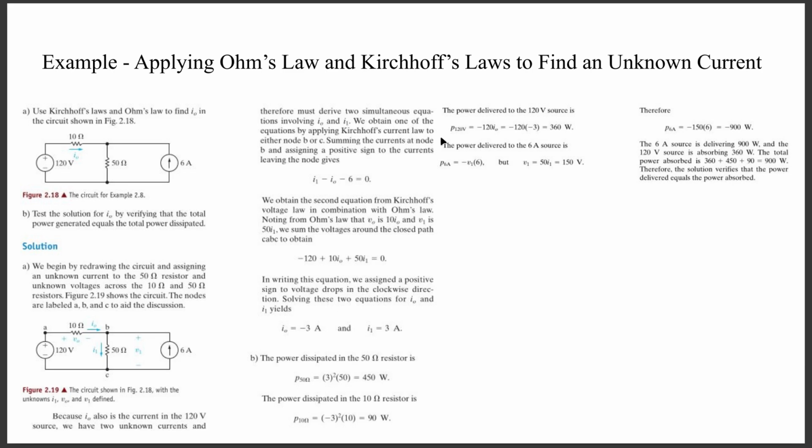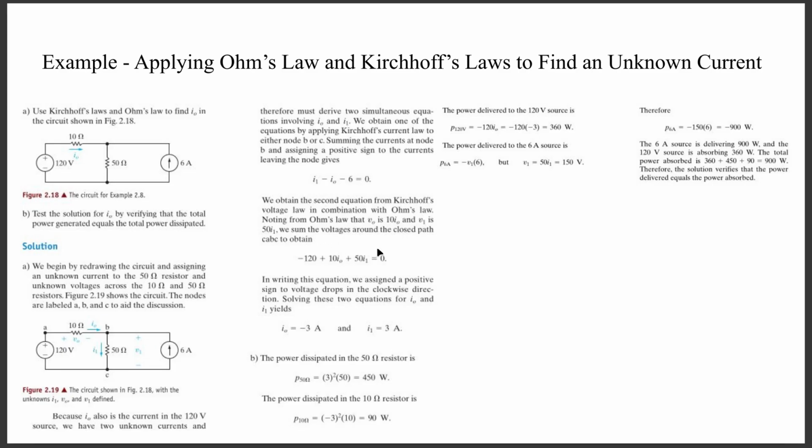We obtain one of the equations by applying Kirchhoff's current law to either node B or C, summing the currents at node B and assigning a positive sign to the currents leaving the node. It gives I1 leaving, I naught going in, and 6 amps going in. We obtain the second equation from Kirchhoff's voltage law in combination with Ohm's law, noting from Ohm's law that V naught is 10 I naught and V1 is 50 I1.